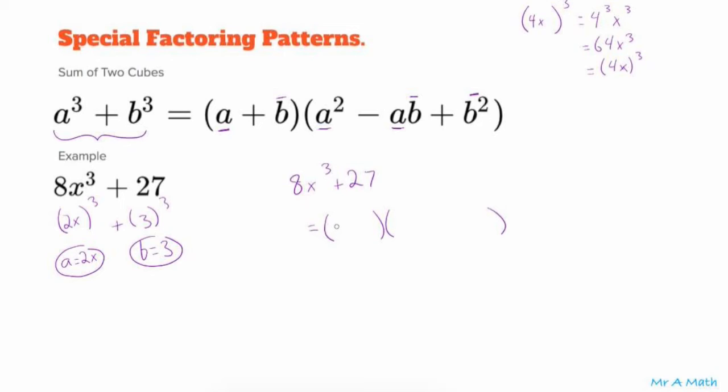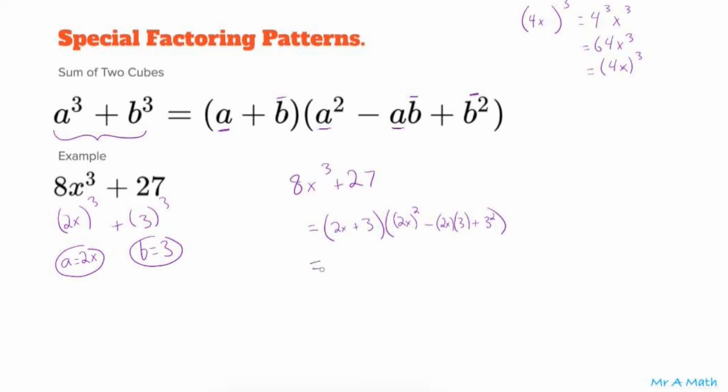So it's a plus b, where a is 2x, plus b, which is just 3. And then I can plug in a squared, remember parentheses, so it's 2x squared, minus ab, which is 2x times b, 3, plus b squared, which is just 3 squared.